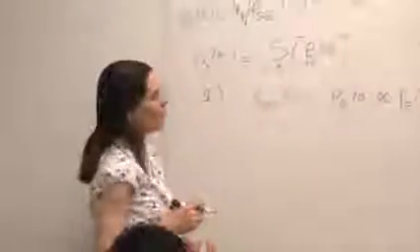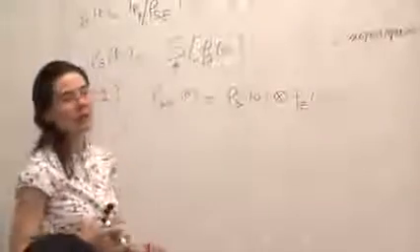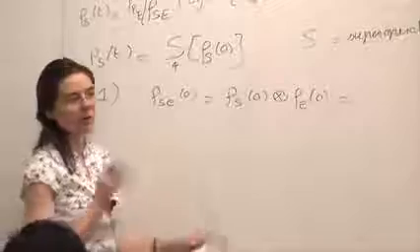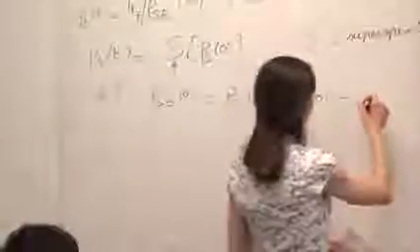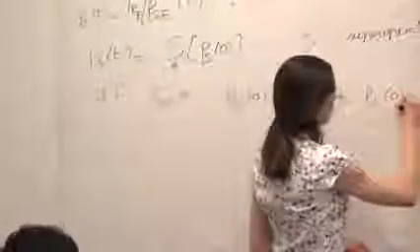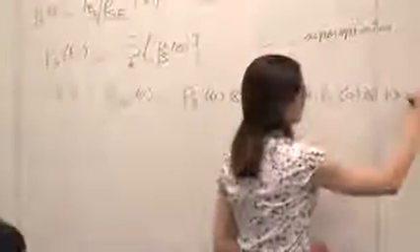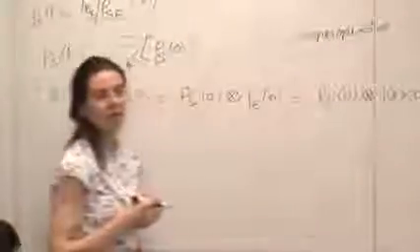Then we make another assumption, which is to say that my environment at time 0 was just in its ground state. It was at equilibrium, so it was in its ground state. I will call the ground state 0, which will have energy 0. It doesn't have to be like the 0 of a qubit. The environment can have many, many different levels.